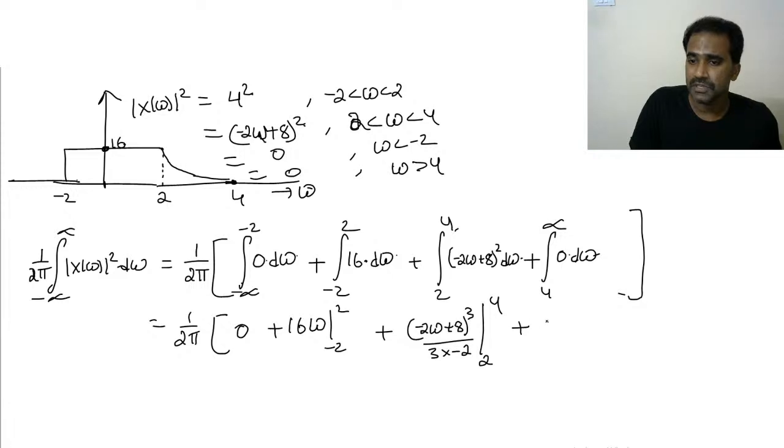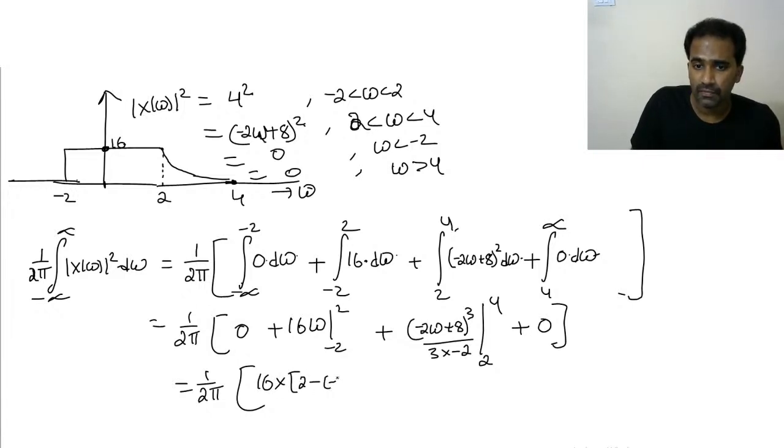Next part, integration of 0 is 0. So it is 1 by 2 pi into 16 substituted with the 2 and minus 2, it becomes 2 minus of minus 2, which is 4 units, plus this will become 1 divided by minus 6, I'm putting it outside.